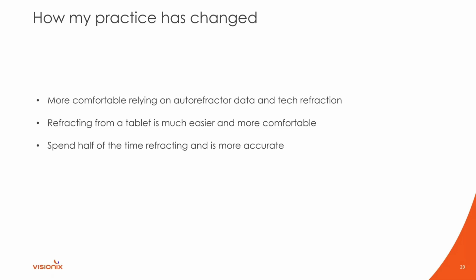When we do have remakes, maybe we see that it's something different, either pathology or the measurements taken during frame selection. But now we can say with confidence that a lot of the redos have been not because of the actual refraction in the machines, but because of other things along the way.